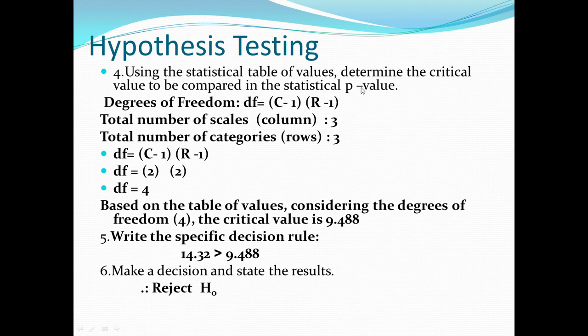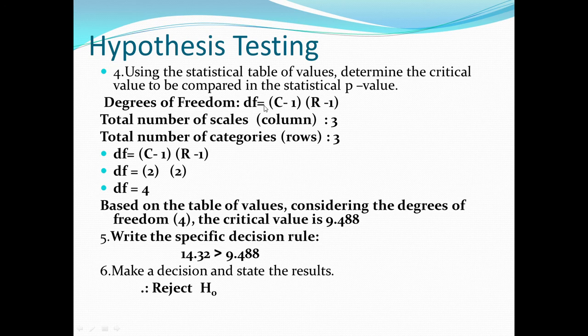But then, paano natin makukuha yung critical value? Again, para makuha ang critical value, kailangan muna natin na hanapin yung degrees of freedom. Okay, degrees of freedom. Ayan. So, dito naman sa chi-square, iba yung formula niya sa degrees of freedom. Okay, ito yung formula for the chi-square.